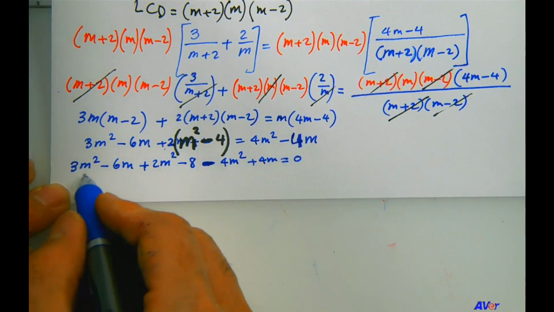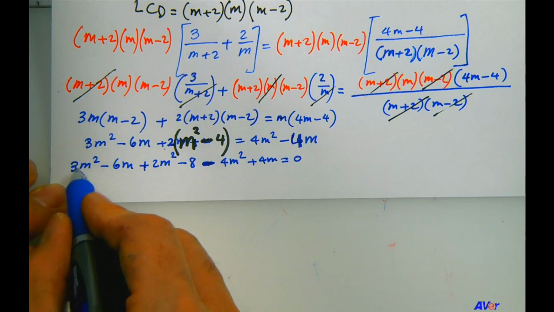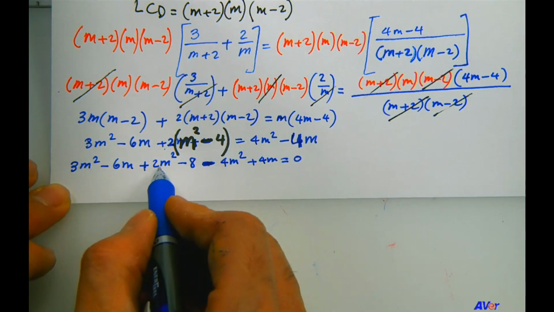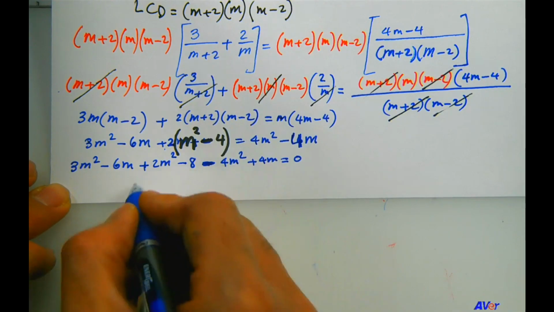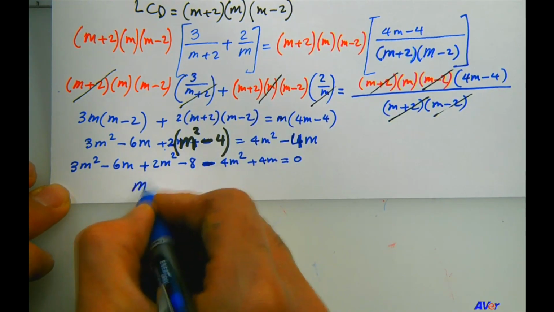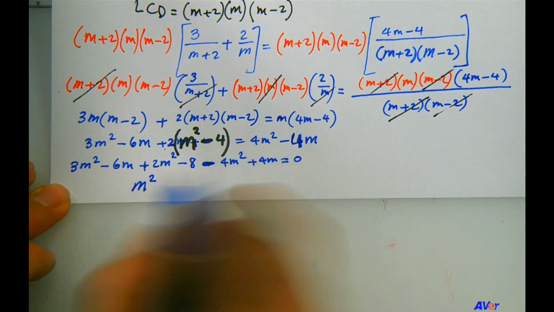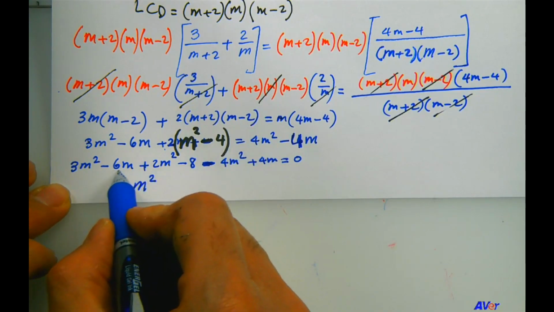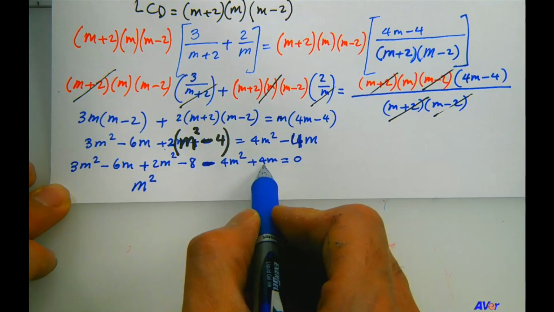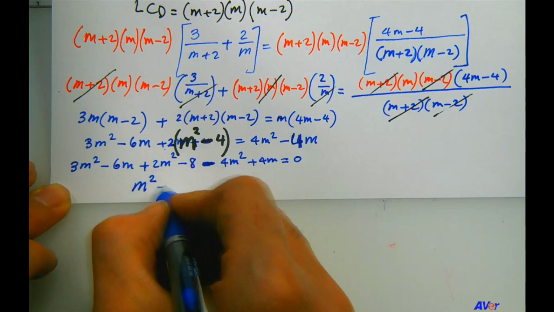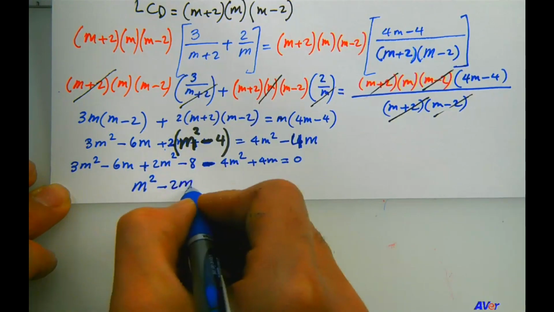So let's combine the like terms. We have 3m squared plus 2m squared, that's 5m squared, minus 4m squared, that's just m squared, right? 1m squared. Then we have minus 6m and plus 4m, that would be minus 2m.